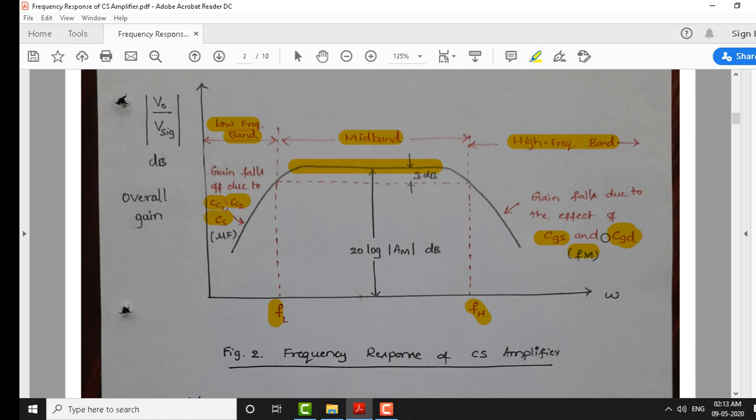But unfortunately, in a common source amplifier, at lower frequencies these three capacitances behave like an open circuit, whereas at higher frequency bands these two capacitances, which are internal to the MOSFET, behave like a short circuit. So these are the main reasons for the decrease in gain at lower and higher frequencies respectively.